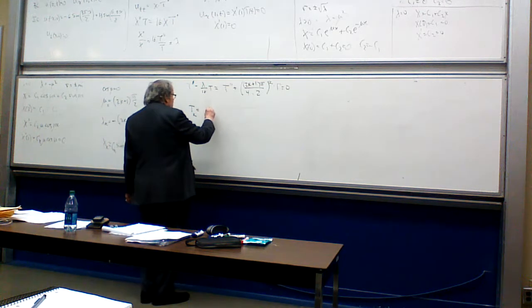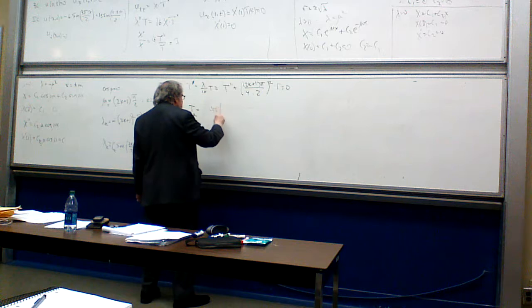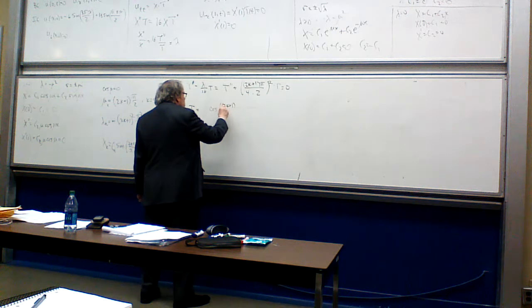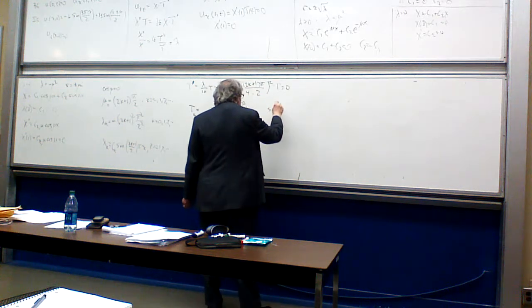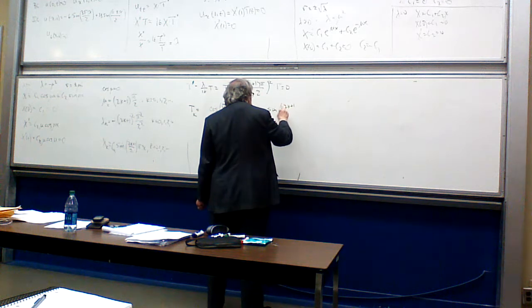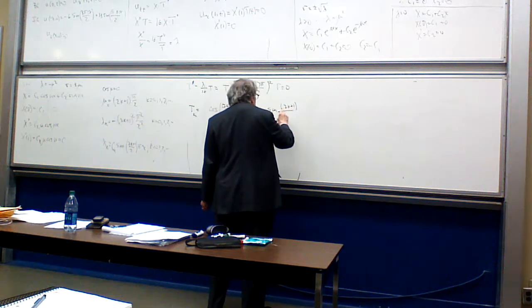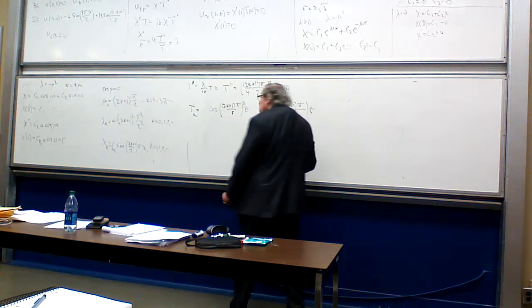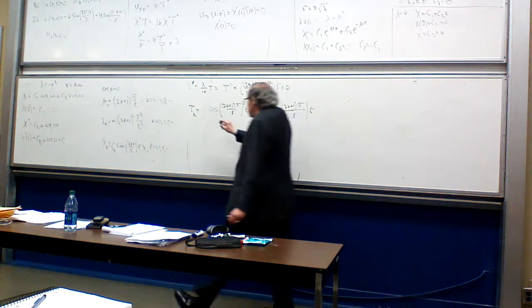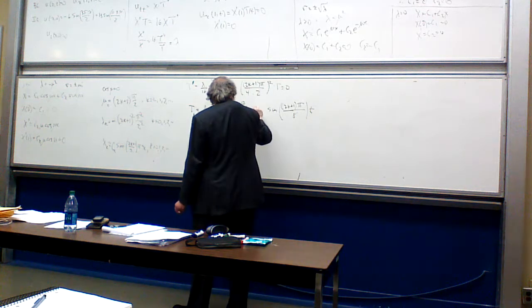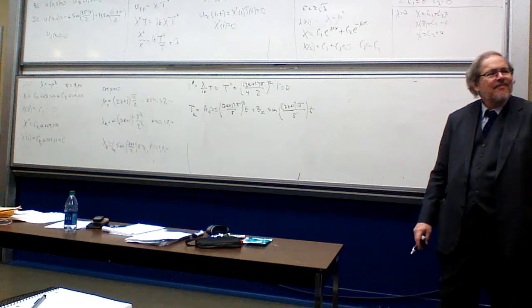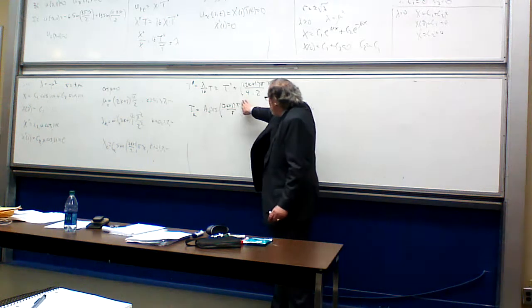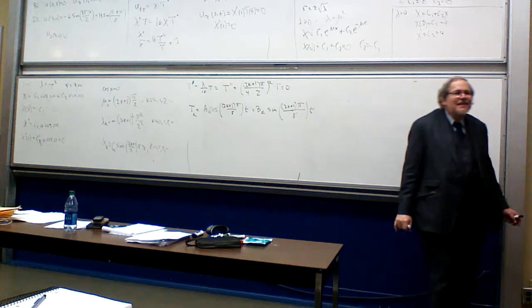So I have cosine of 2k plus 1 pi over 8 squared T, and sine of 2k plus 1 pi over 8 T are the linearly independent solutions. I'll put an A and a B on those. Why isn't the other one squared? That one shouldn't be squared. Thank you.